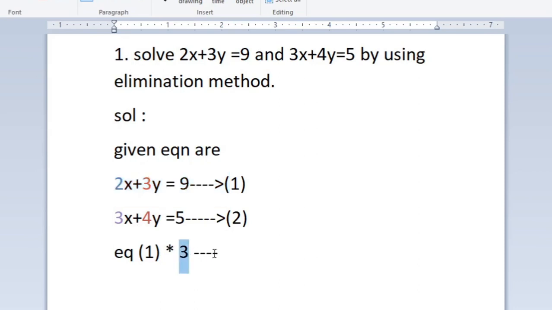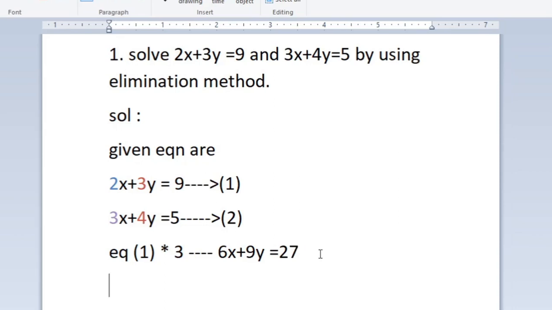Okay, first you have to multiply the 2 with 3. It becomes 6x. Then you have to multiply this 3 with this 3. 3 3s are 9y. Then come to RHS. You have to multiply this 9 with this 3. Okay, it becomes 27.